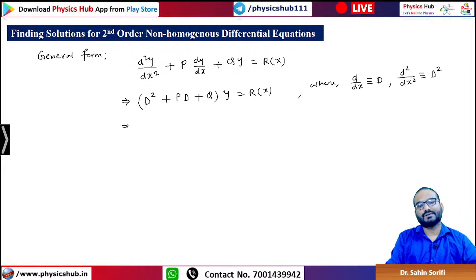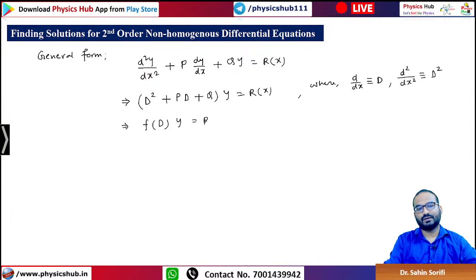And as you can see, this D² + pD + q is a function of D, so we can write f(D) y = r(x). Now as you can see, y = r(x)/f(D).